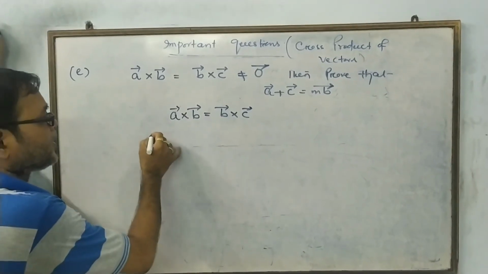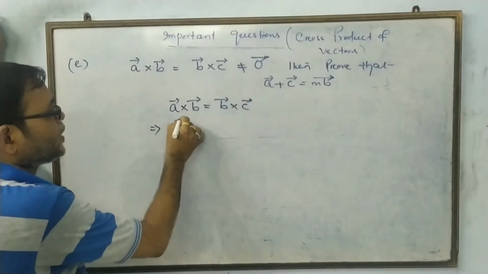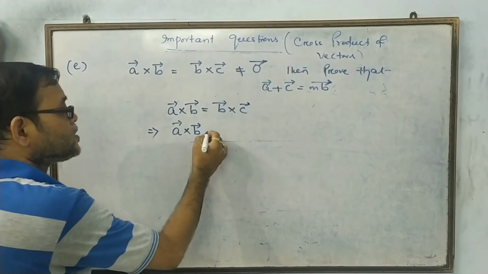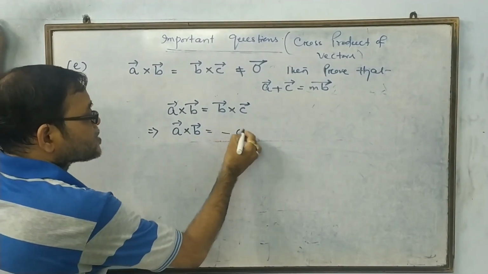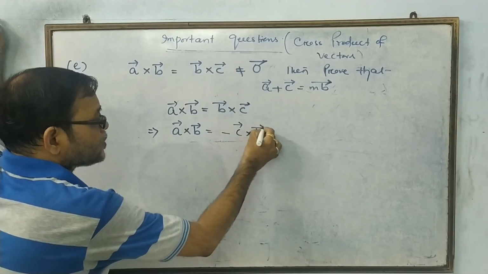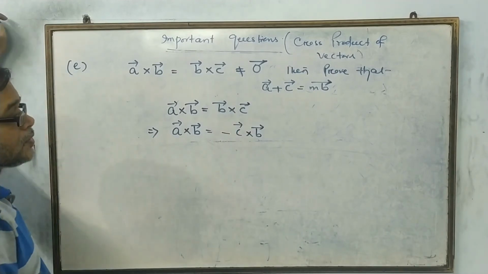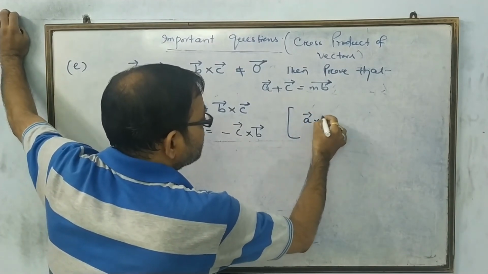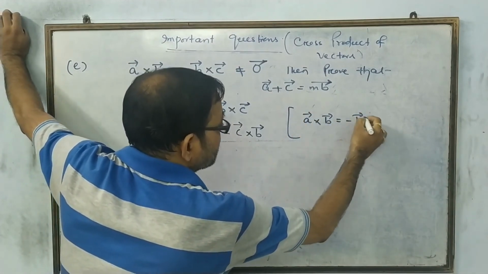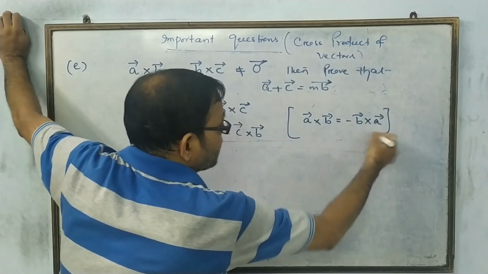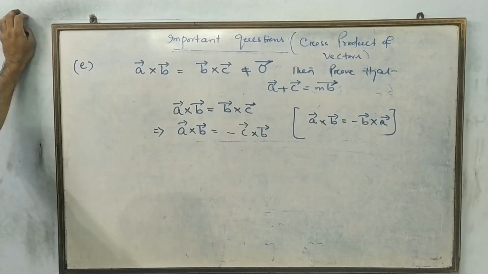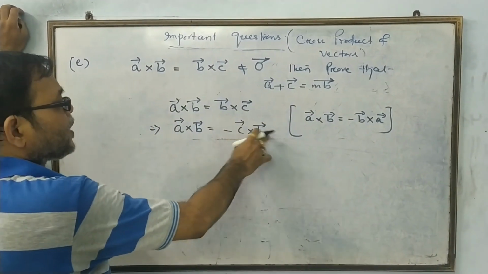Then I can write it as a cross b is equal to minus c cross b. How? We know that a cross b is equal to minus b cross a, because cross product is not commutative. So a cross b is equal to minus c cross b.